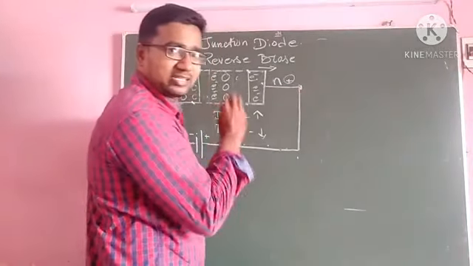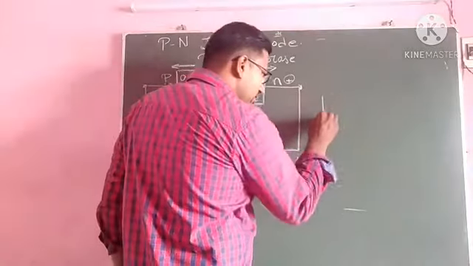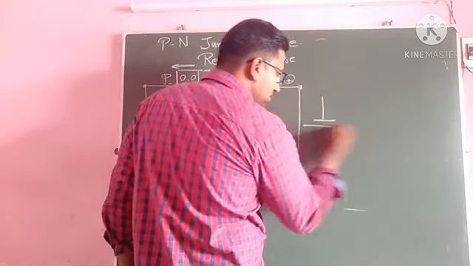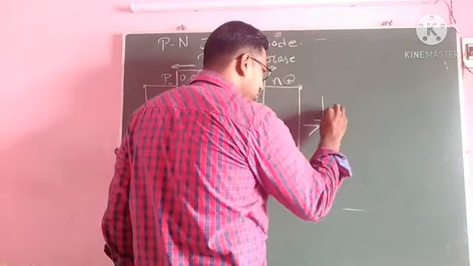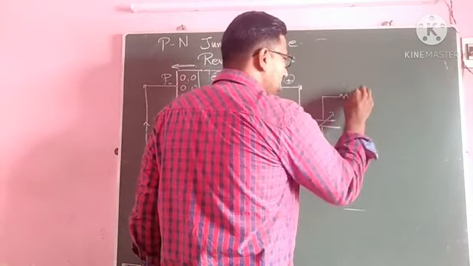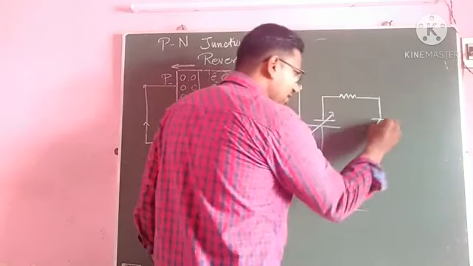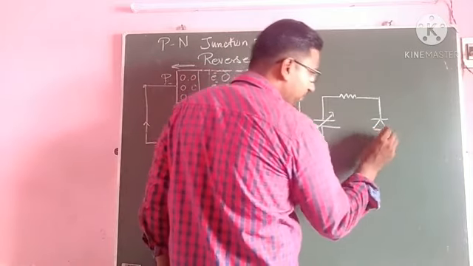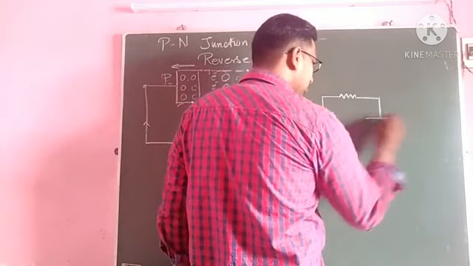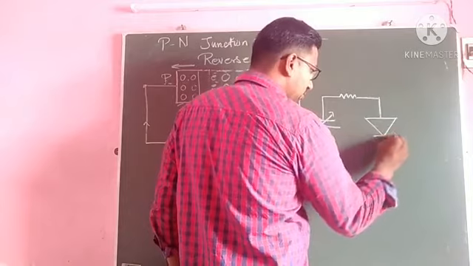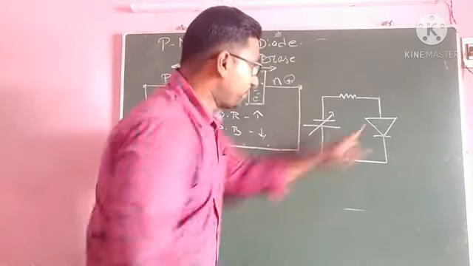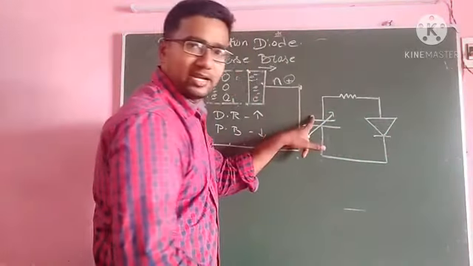I am going to draw the simple circuit by connecting a variable potential through some resistance R, and then the diode. It is connected in this form. The positive potential is connected to the negative potential side.